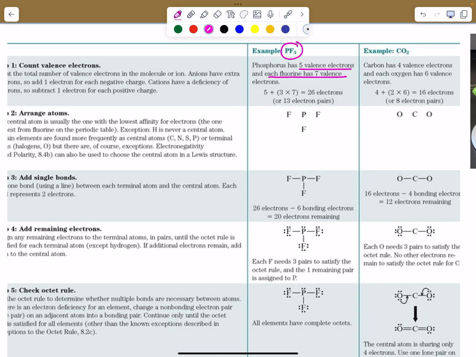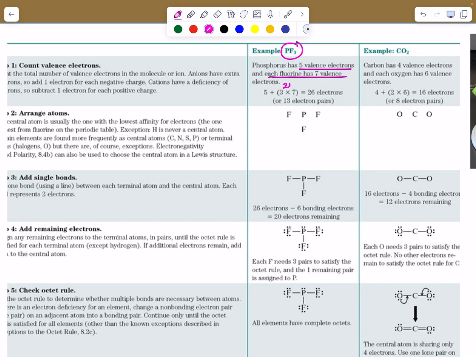So 3 times 7 is 21, plus 5 gives us 26 total electrons. So I know in the end I have to have a combination of 26 electrons, whether they're lone pairs or in bonds or whatever. The next thing I need to know is my central atom.